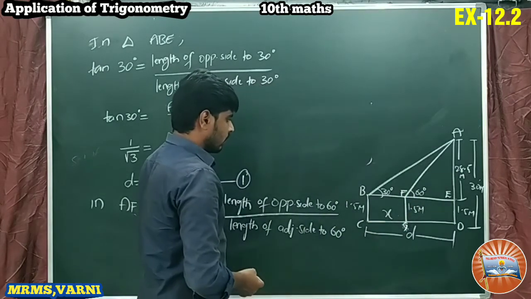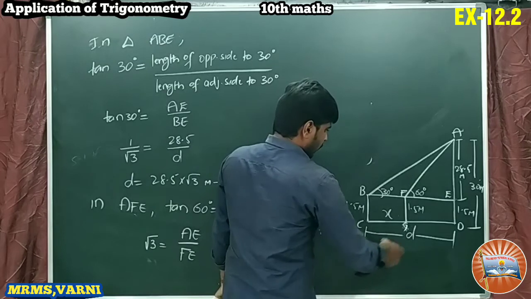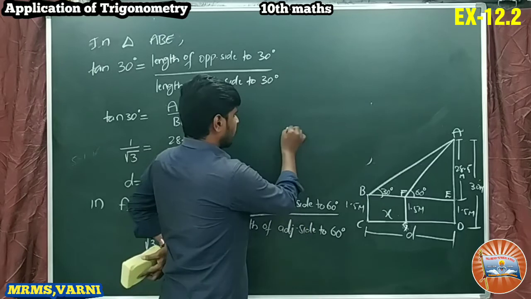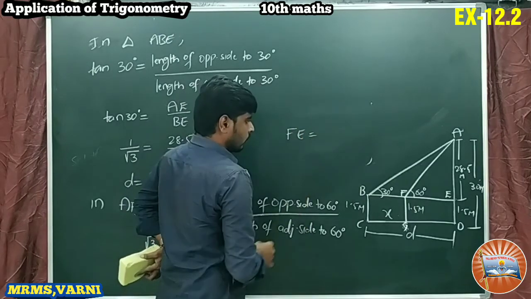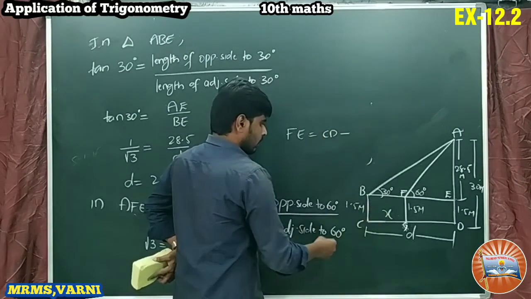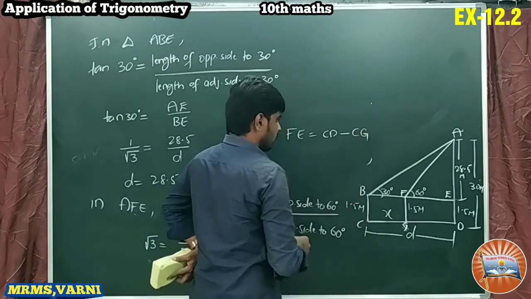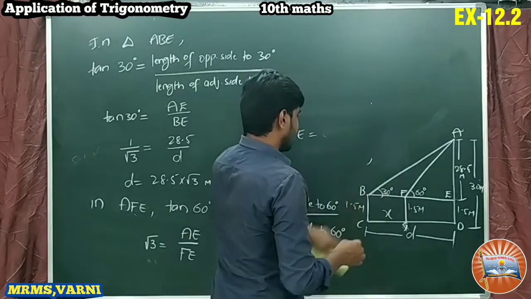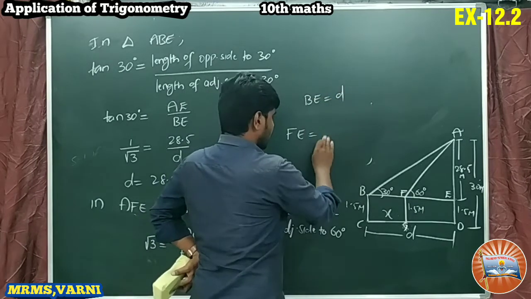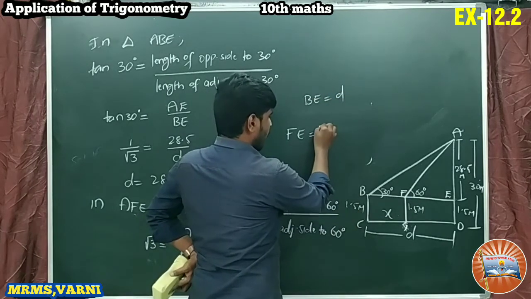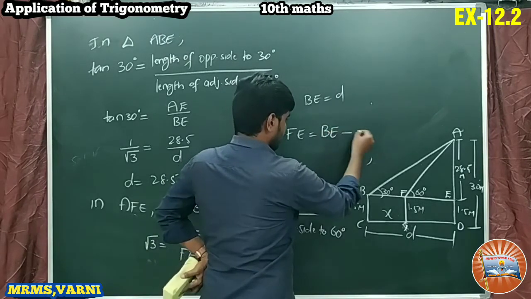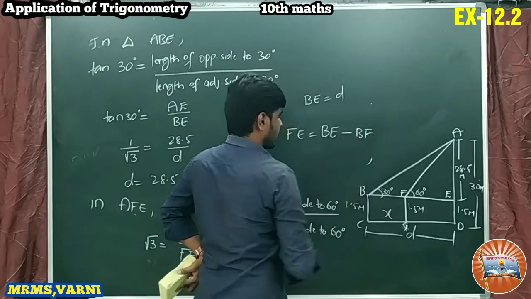If you observe closely, what is the distance of this? FE is equal to CD minus CG, or else we can write FE. Already we have BE value, that is D. So FE is equal to BE minus BF, isn't it?